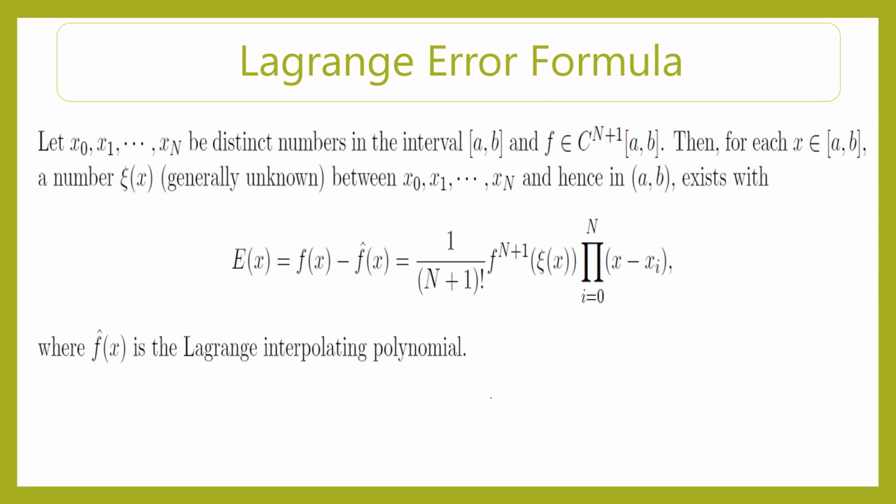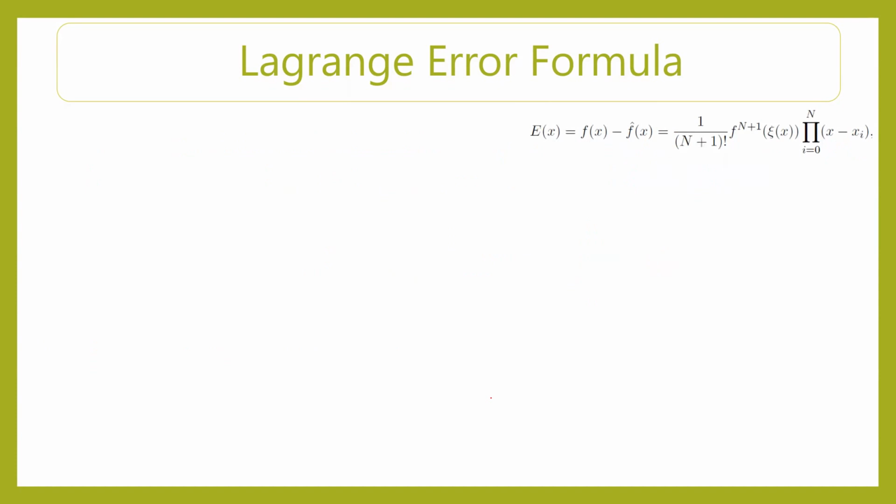So let's start with the proof. I want to break this into cases, okay? Case one: if the function we are approximating is already a polynomial function of degree less or equal to n, we are done, because I just talked about the uniqueness of polynomial approximation.